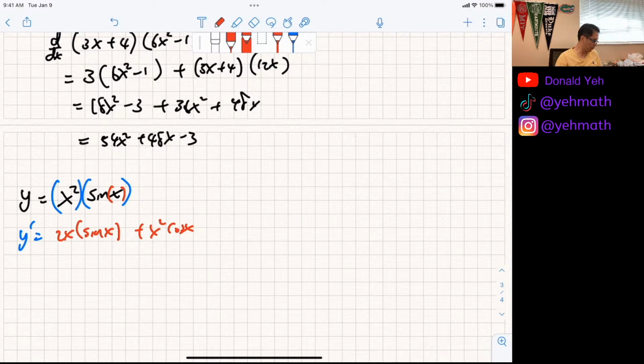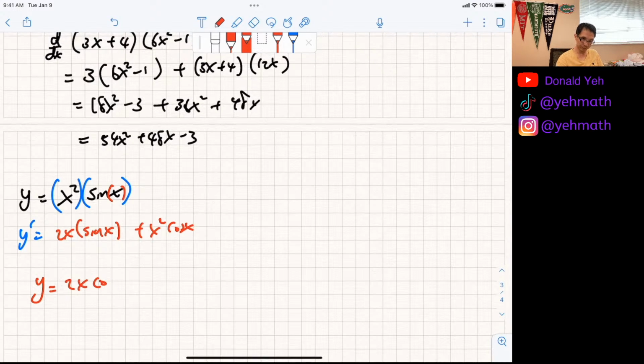Okay, so the next case is y is equal to 2x cosine of x minus 2 sine of x. Do you see a product rule? And where is the product rule located?